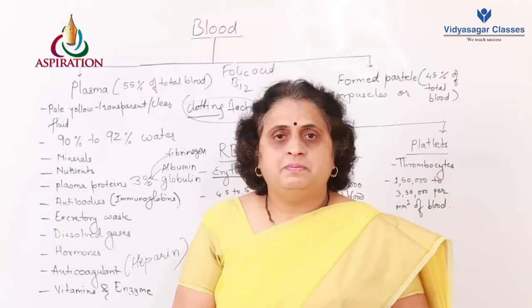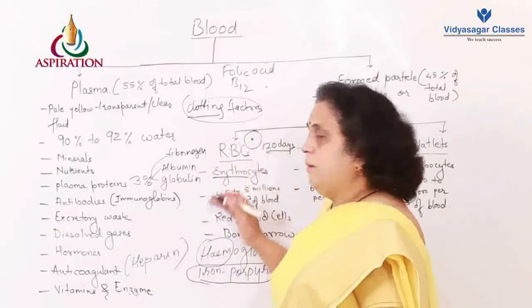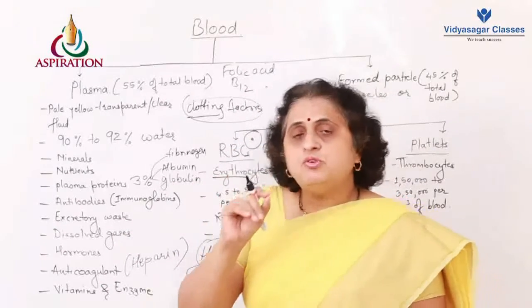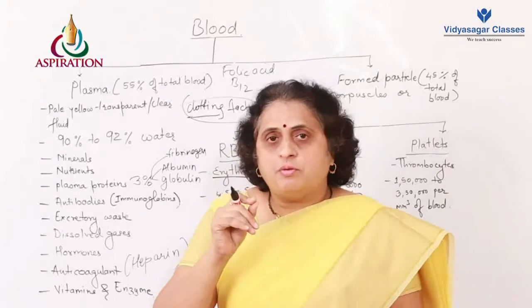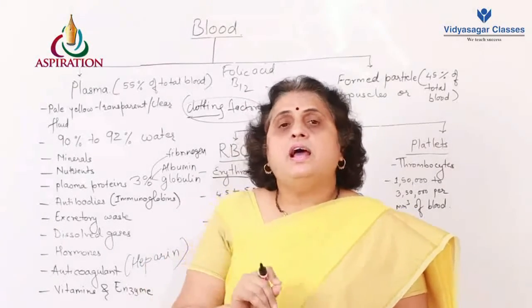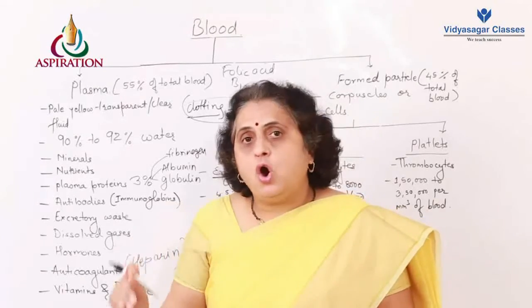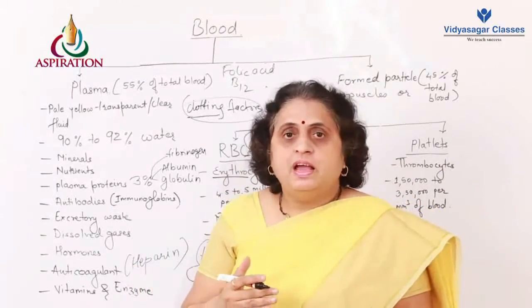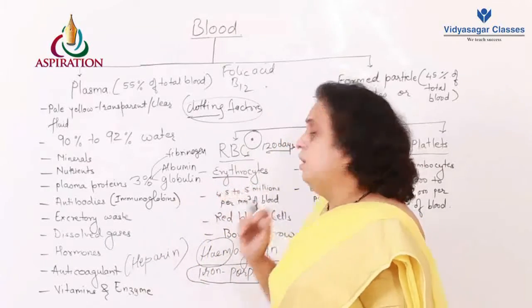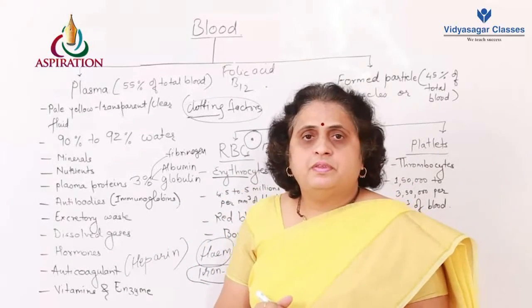When we talk about RBC production, we use the term erythropoiesis. Formation of the RBC with the help of erythropoietin hormone is called erythropoiesis. I told you the normal range of the RBC.